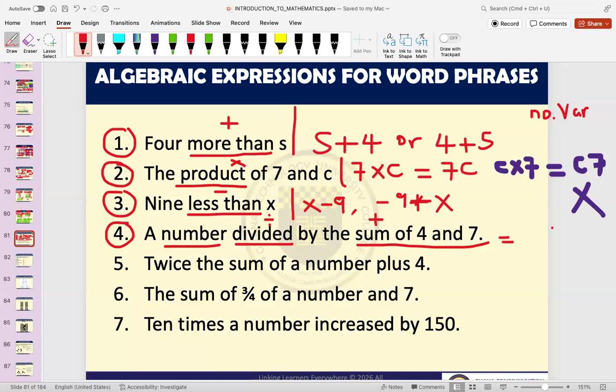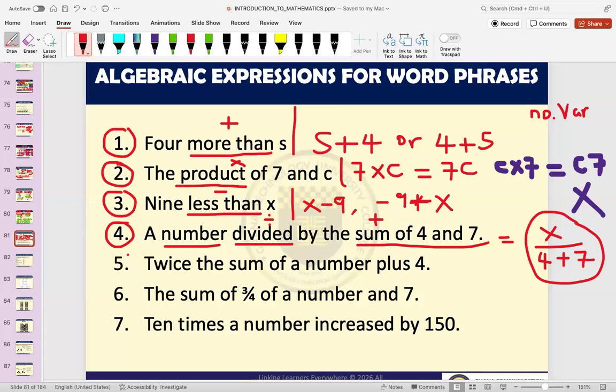So let's represent the number by x. A number divided by the sum of 4 and 7 means x divided by 4 plus 7. So this becomes the expression. So we have represented the fourth one.